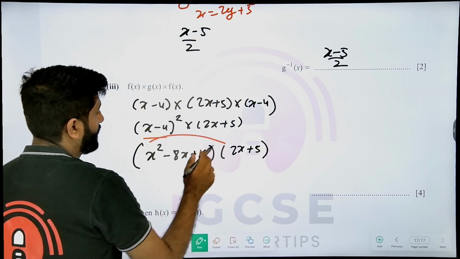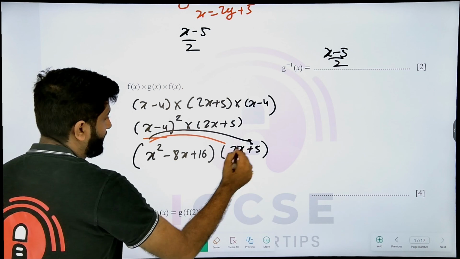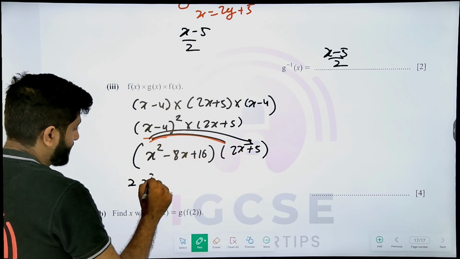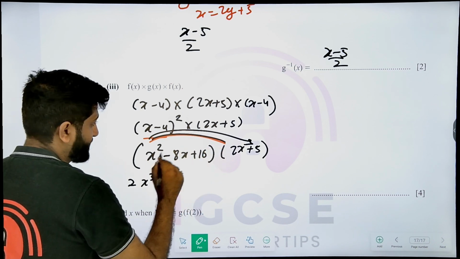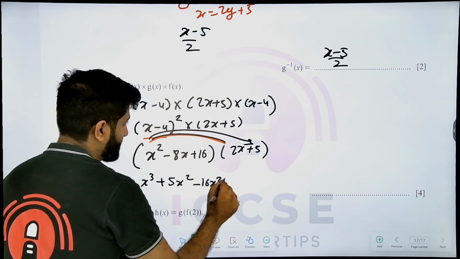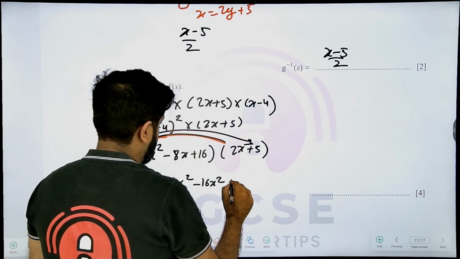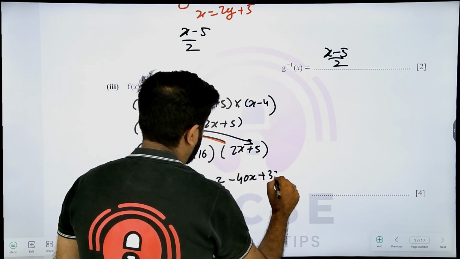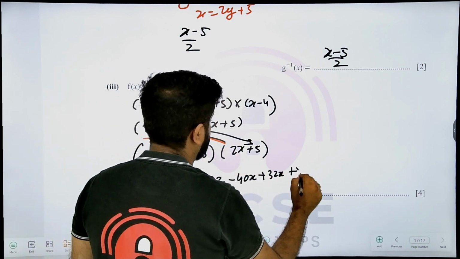So x square into 2x, that is 2x cube plus 5x square minus 16x square minus 40x plus 32x plus 80.